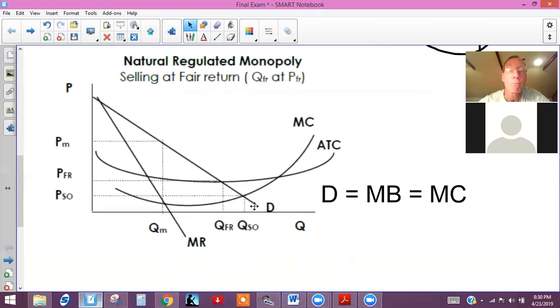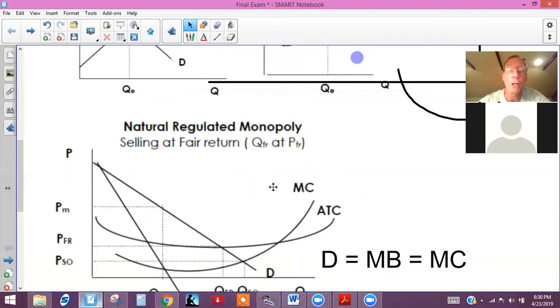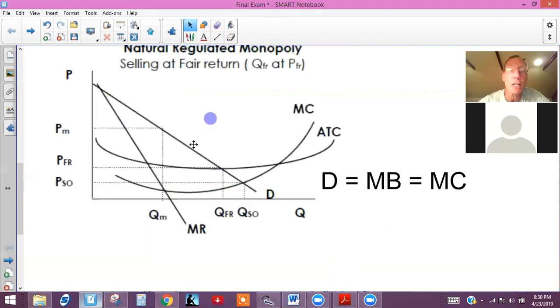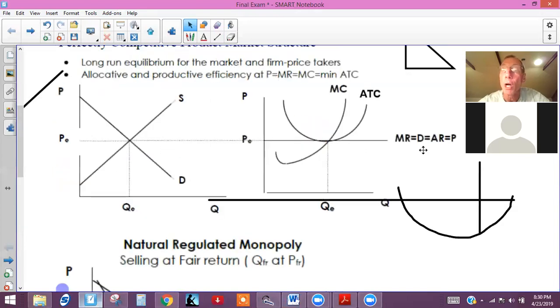They're going to produce where marginal cost equals marginal revenue, and the marginal revenue curve in a monopoly is a downward sloping curve that's below the demand curve. In a perfectly competitive firm, marginal revenue and demand are the same thing, and it's perfectly elastic, straight across.